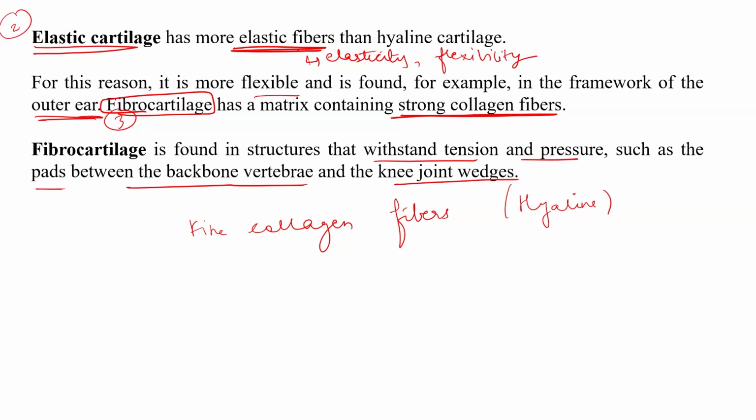If the options include fibrous cartilage, elastic cartilage, hyaline cartilage, or none of the above, we can easily identify that since it has elasticity, it must be elastic cartilage. Once we know the structure of any cartilage, we will be able to guess the location, what kind of cartilage is present in which location.